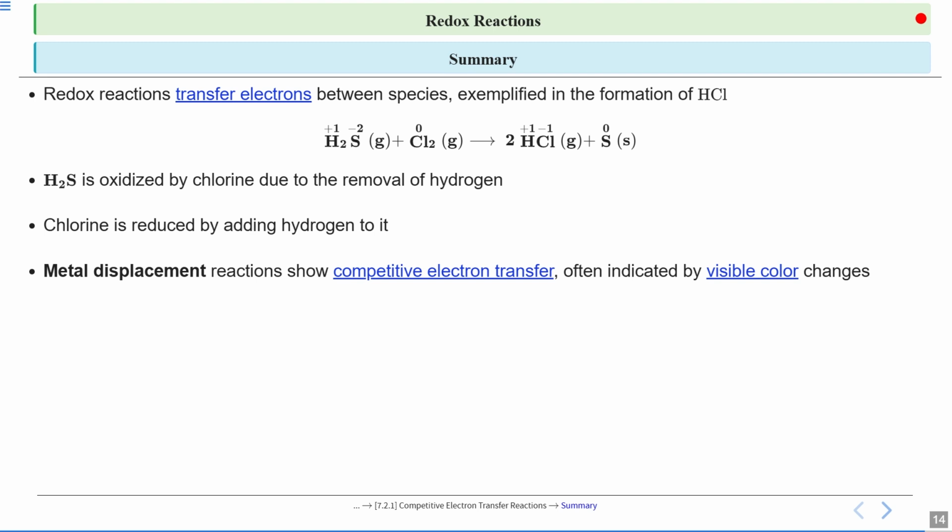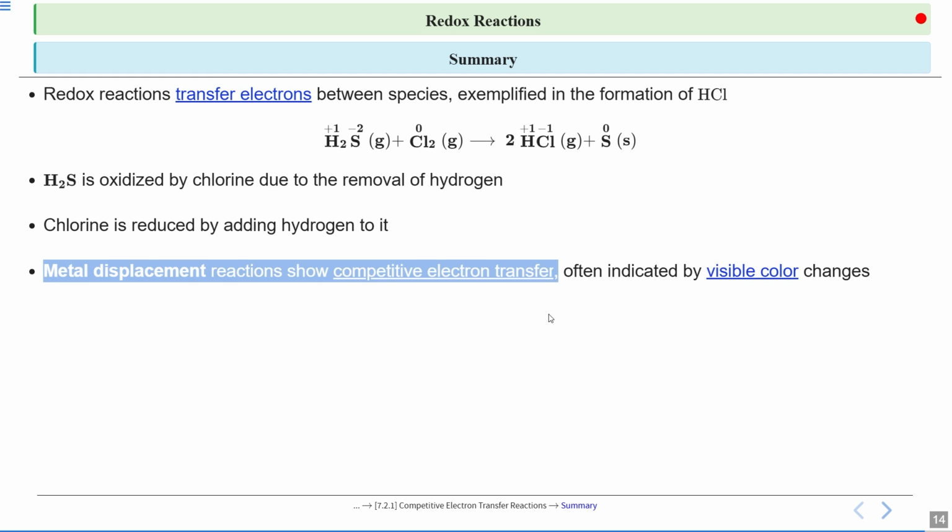For example, we have studied the zinc strip placed in copper sulfate solution: the zinc atom loses electrons, that means it is oxidized, while the copper ions gain those electrons, that means they get reduced. I hope this line is clear to you, that metal displacement reactions show competitive electron transfer.